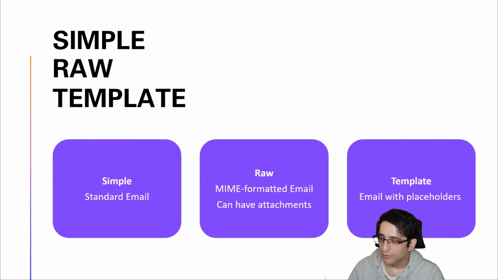So you give it values, and then each of the placeholders will be replaced with this value. Let's say that it's a different name every time and a different account ID, but most of the text is the same. Maybe the amount is different. Then you can just create a template and pass on the values that you want to send the template with those placeholders replaced. So those are the three options that we have to send emails.